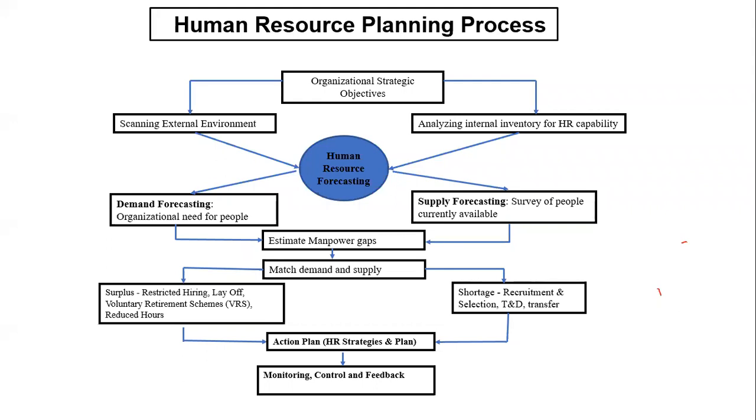That is the estimation of manpower gaps. Now, as you all agree with me that there will be a problem if we need 50 people and we currently have 40, there is the need for us to resolve this problem. So that is where you embark on what we call matching of demand and supply.